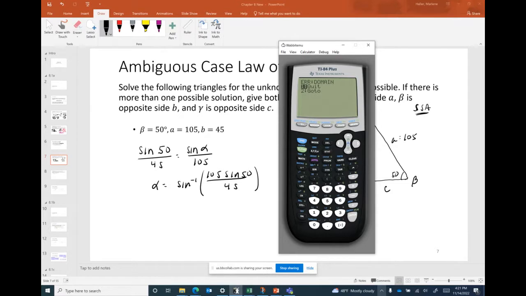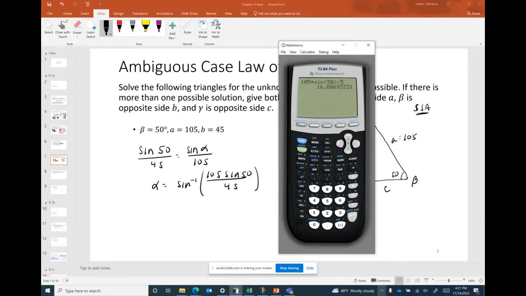Oh, so what does that mean? Error. I've got a domain error here. A domain error. What could that mean? Let's look at our equation again. I don't see a problem. Looks like I got that typed in. Let's see what the argument is for this inverse sine here. Let's clear it. Let's see what 105 times the sine of 50 divided by 45 is.